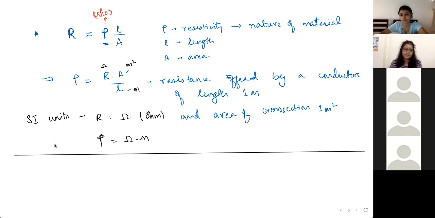When we talk about resistance, the counterpart is conductance. Conductance is represented by G, and G is literally the inverse of resistance, because its definition is the opposite of resistance. It is the ease with which the current can flow through a conductor.